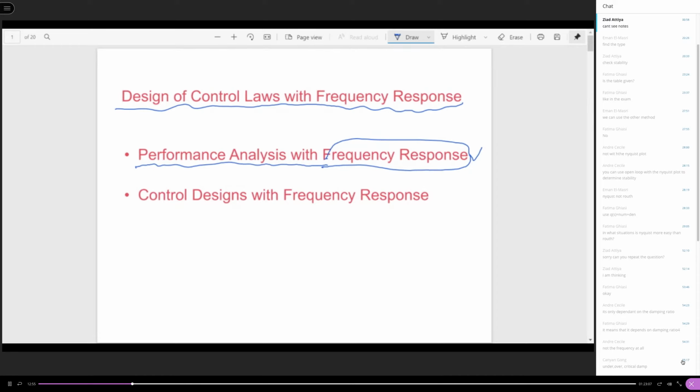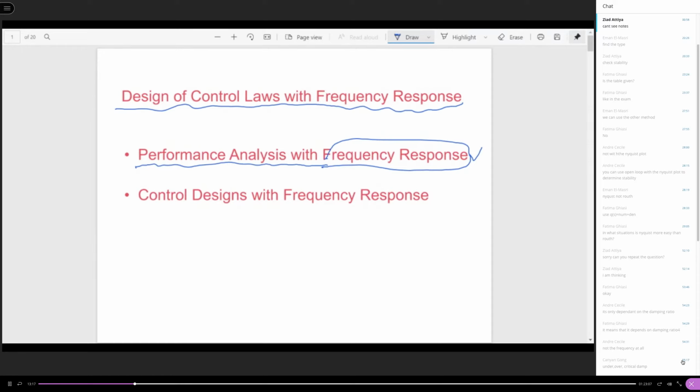This is characterized with the frequency response. Remember, in Control One, we talked about stability performance, tracking performance, and transient performance, but most of them were not characterized using the frequency response.